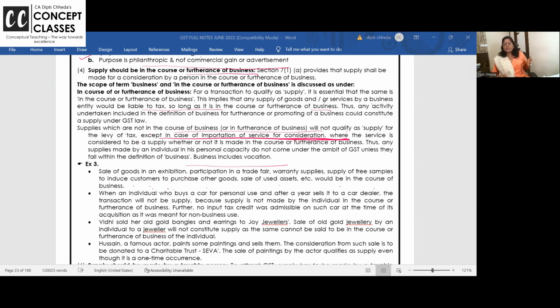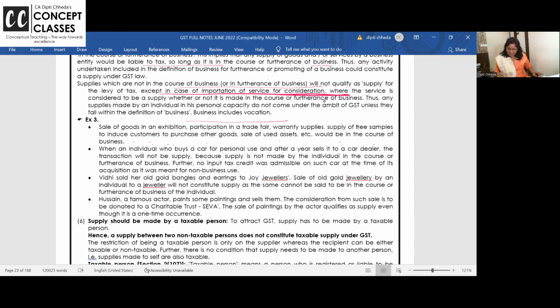For a family dispute also, if you are taking the services of a person from Spain, GST will be charged. I want to repeat, supply is always for furtherance of business, except import of services for personal reasons, where also GST is going to be charged.